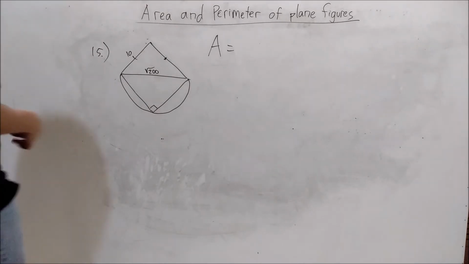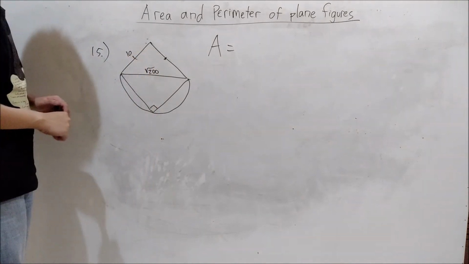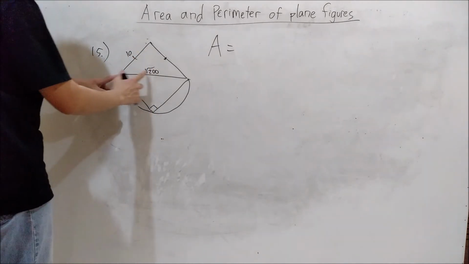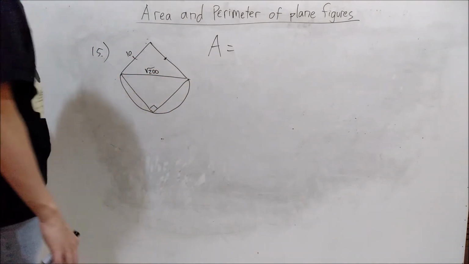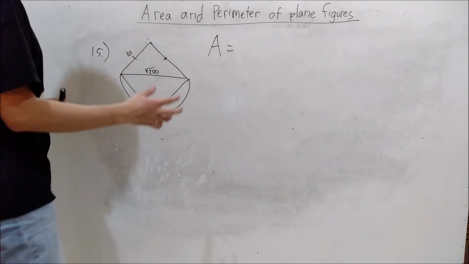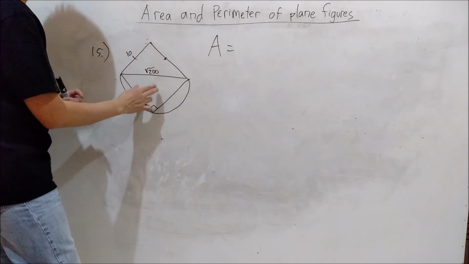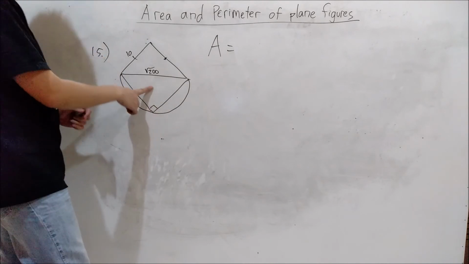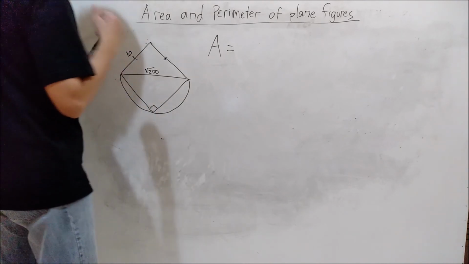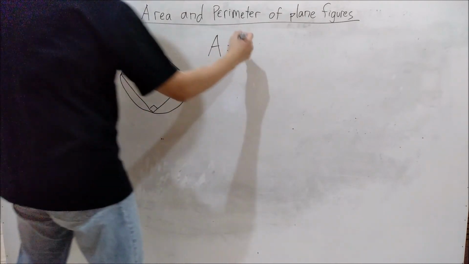What we've known so far is the square has a side of 10 and the diameter of the semicircle is square root of 200. So to find the area, what I'm going to do is I'm going to find the area of the semicircle, and then I'm going to minus this triangle in the middle, right? So how to find the area of the semicircle?